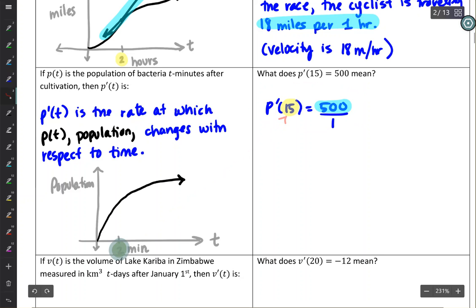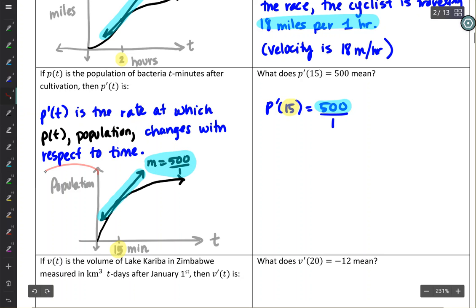I'm going to change that to a little 15. 15 minutes after cultivation, the slope of the tangent line to the P curve is 500 over 1. Pretty steep here. My picture isn't totally to scale, but my slope right here is 500 over 1.